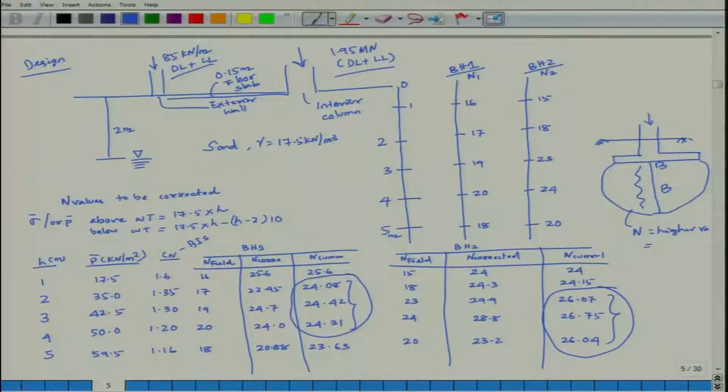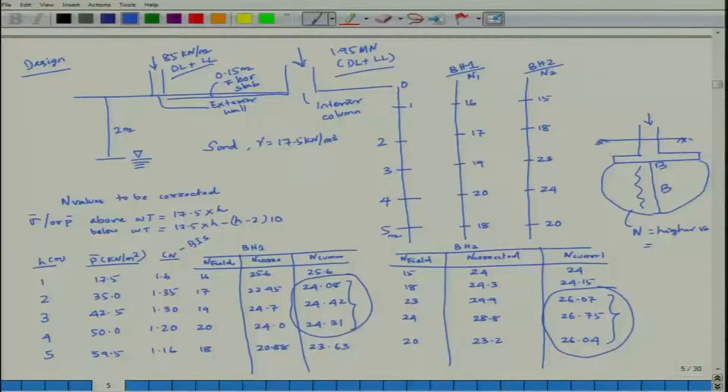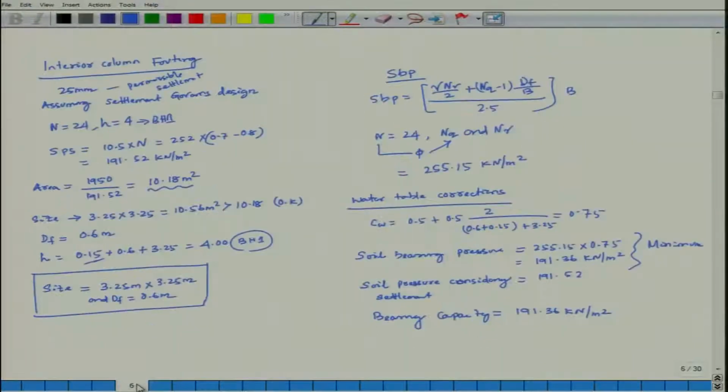Once you know the zone of influence of the pressure bulb, automatically your dimension and depth of the foundation will come into picture. So, based on that your size of the footing is 3.25 by 3.25, and I have also checked whether the bearing capacity has been satisfied. Also you can check whether the permissible settlement of 25 mm has been satisfied or not.